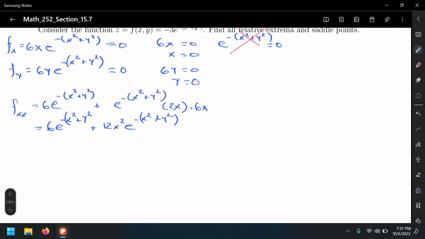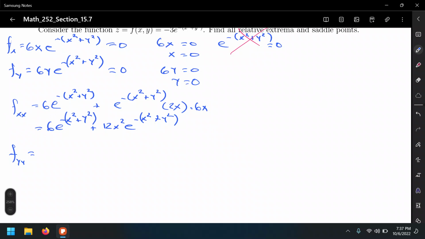Let's do the same for the second partial with respect to y. It's actually going to be the same format, but in this case with a y squared. Well, let me do the whole thing anyway.